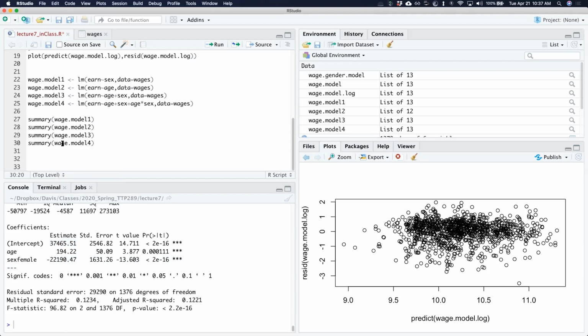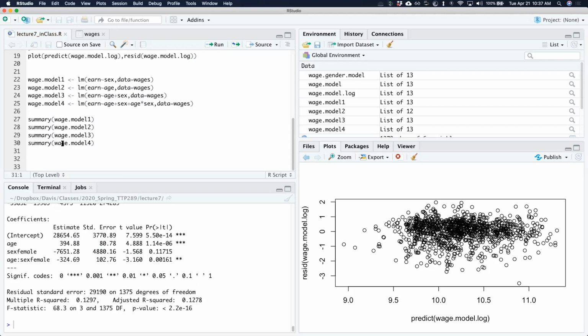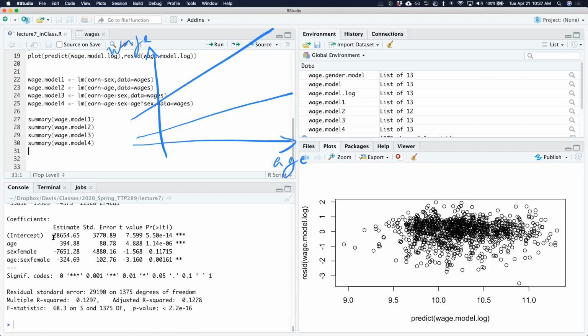And for the last one, we've got a different slope for the male and the female. Okay, so let's think about how to interpret this. I'll just really quickly draw this so that we can have it in our minds. You've basically got age and then two lines.